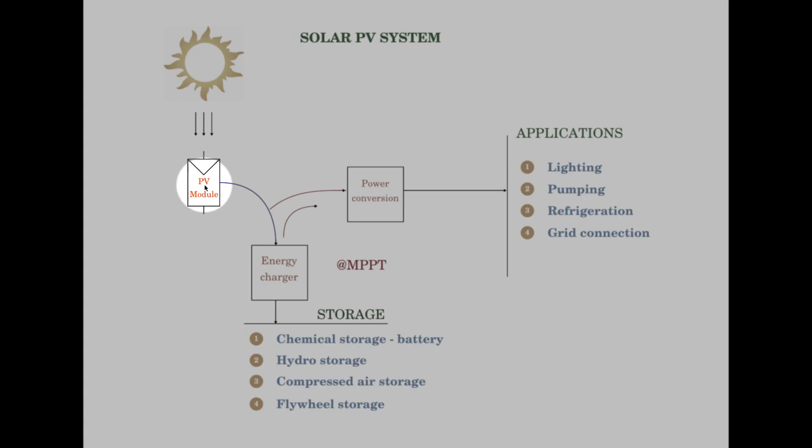Unfortunately, this has a lot of dependency on the local geography, the incident radiation coming from the sun, the atmospheric condition, water vapor content, the latitude, time of the day, time of the year. All these parameters affect the effective energy that is coming out of the PV module. So it is very, very important to study this PV module in connection with the local geography and the local latitude.